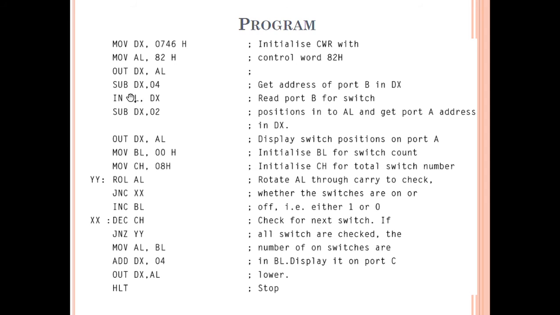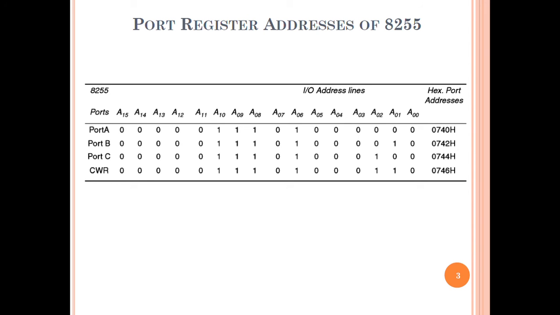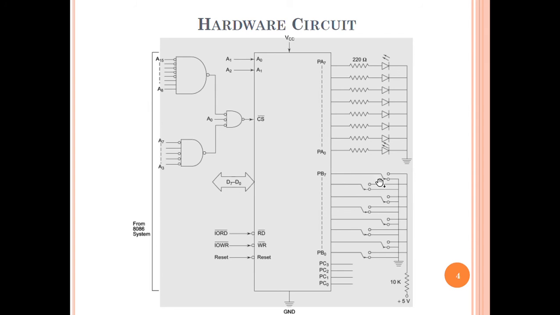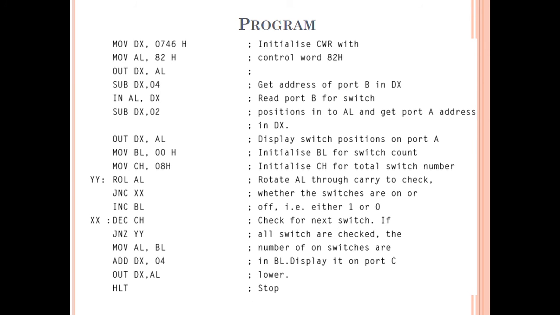Next, SUB DX comma 04. DX has 0746H; if we subtract 4, then we come to port B. To get the address of port B in DX, we will input whatever switches are on or off, whatever bits are connected here, and that will be stored in accumulator AL.